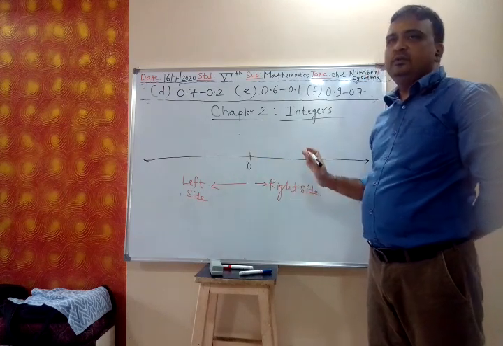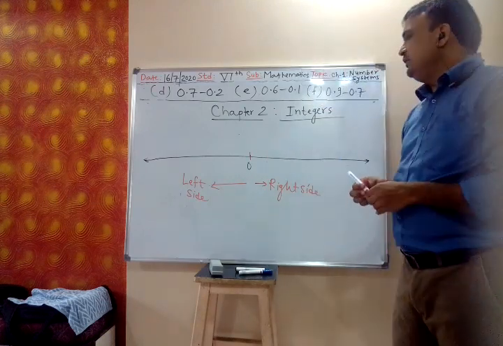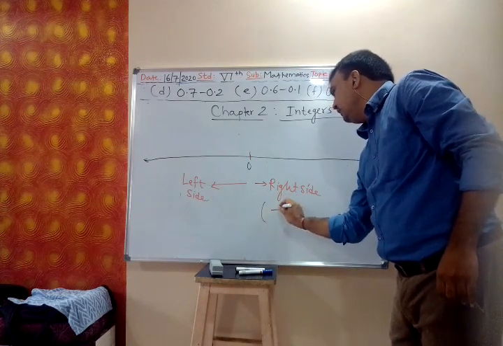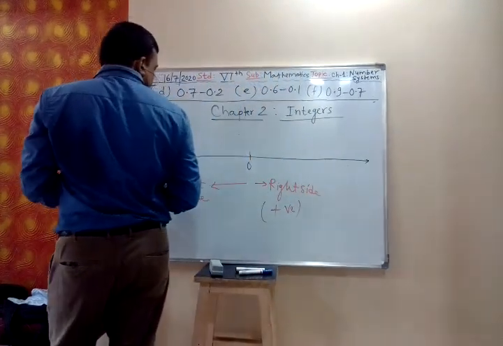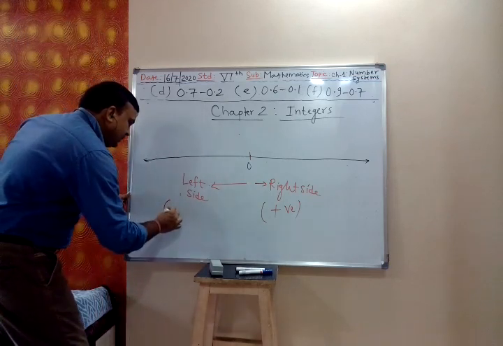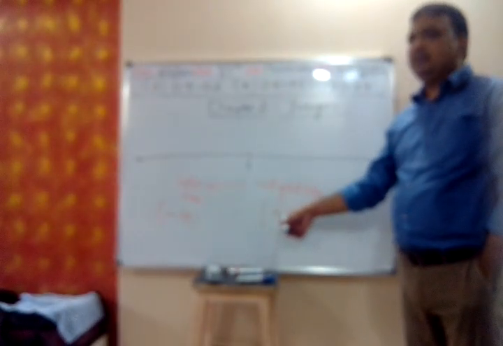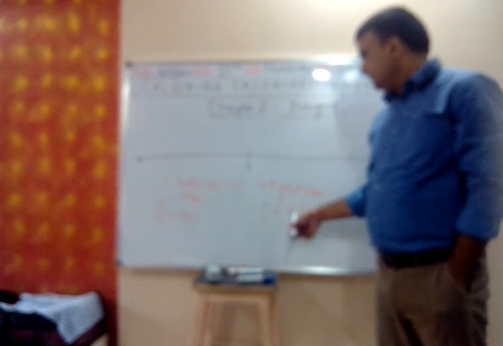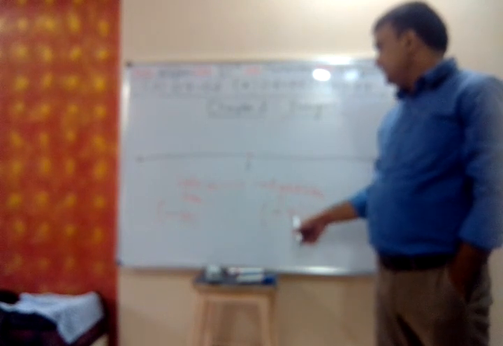To the right of 0 we have positive numbers, and to the left of 0 we have negative numbers. Plus means positive.